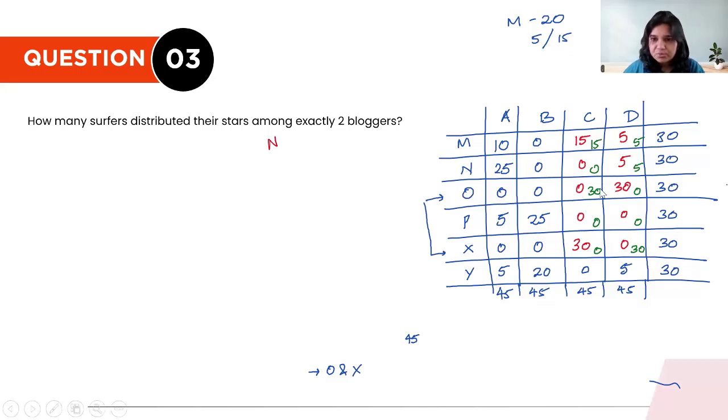O has distributed among 1. P has also distributed among 2. X has distributed among 1. And Y has distributed among 3. So there are 2 surfers, that is N and P, who have distributed their stars among exactly 2 bloggers.